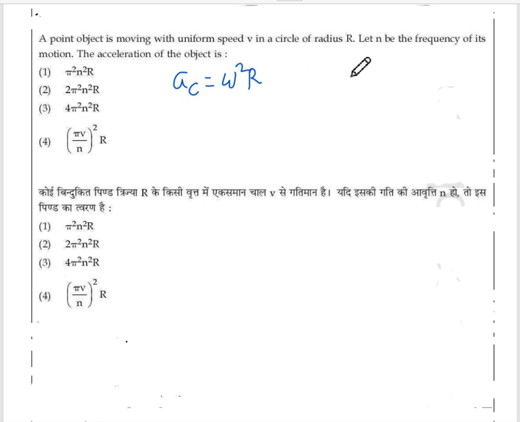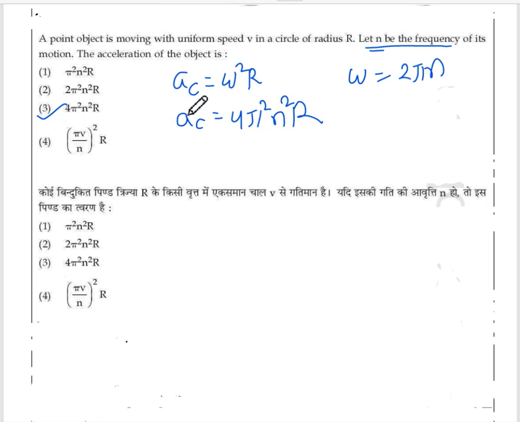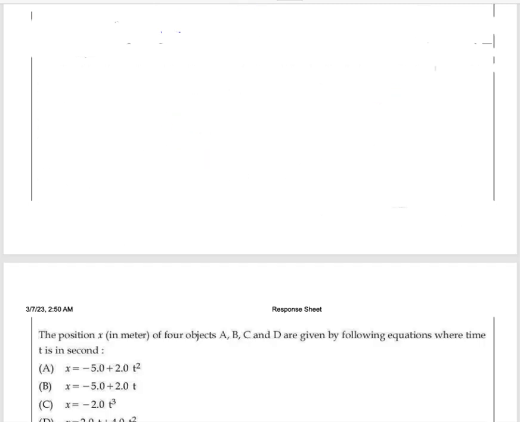Angular velocity omega we can write in terms of frequency as 2 pi n, where n is the frequency. So we just put it here, and squaring, I can write directly 4 pi square n square r, which is matching with option 3. So the answer for question number 4 is option 3. Next question.